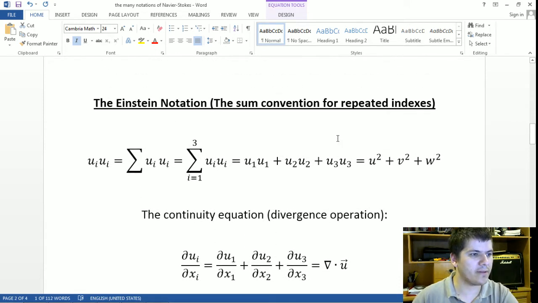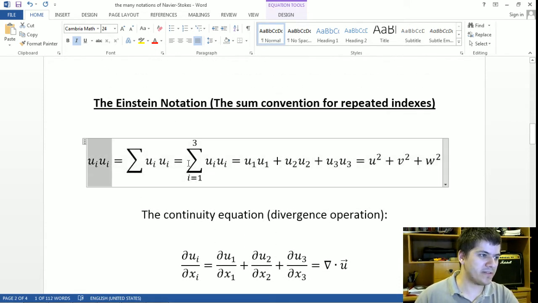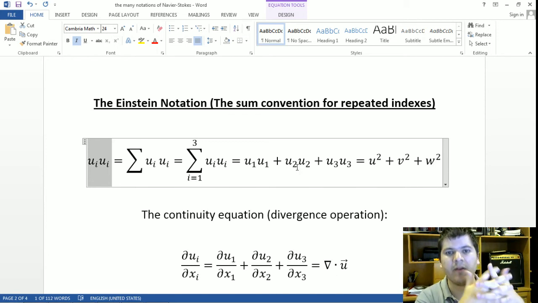Moving forward, with this convention, this mathematical tool, we can express many operators of vector calculus and tensor calculus in a compact form, a more elegant and straightforward form to express differential equations, particularly partial differential equations and some very complicated equations.